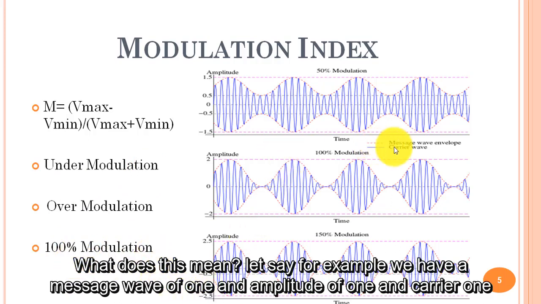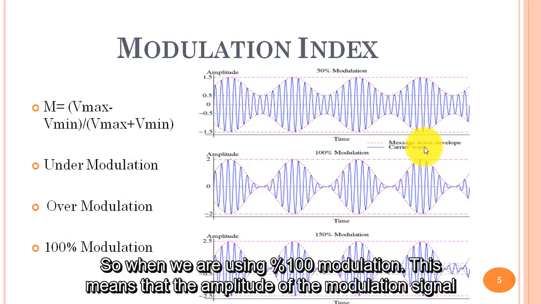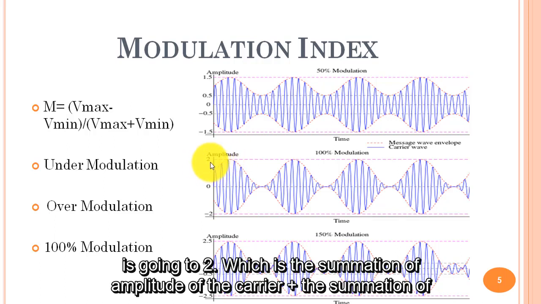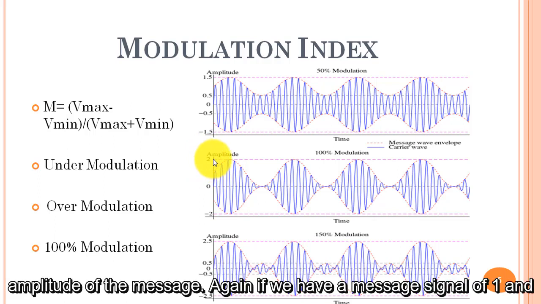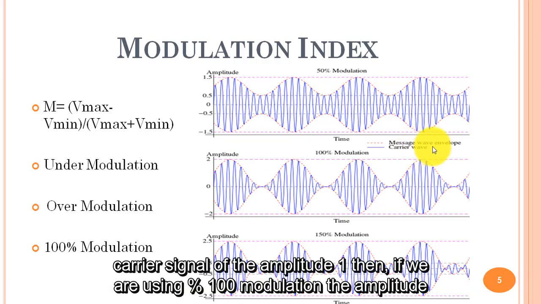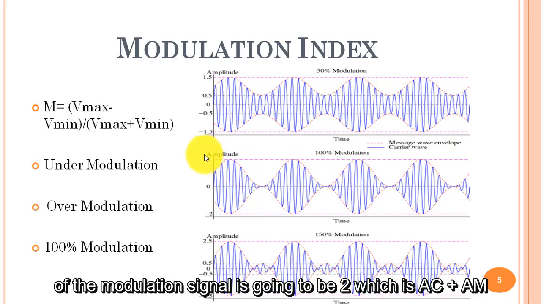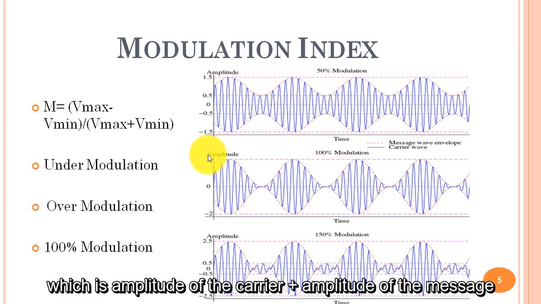Let's say, for example, we have a message wave of amplitude 1 and a carrier of amplitude 1. When we are using 100% modulation, this means that the amplitude of the modulated signal is going to be 2, which is AC plus AM, the amplitude of the carrier plus the amplitude of the message.